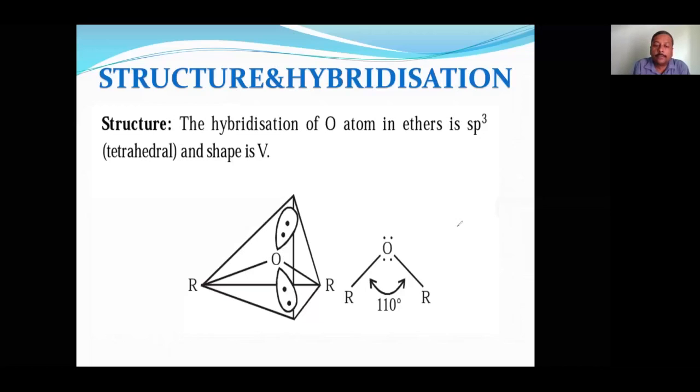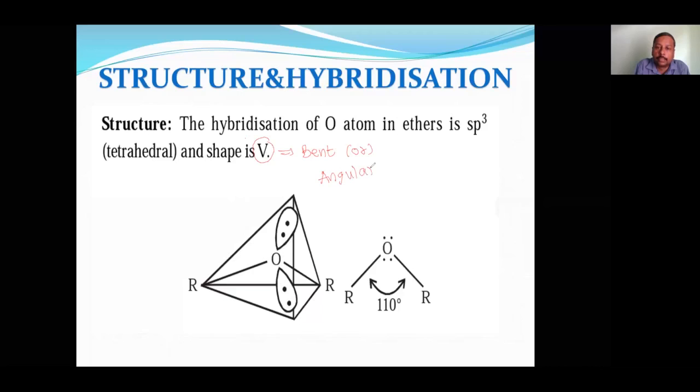After the definition and classification of ethers, the next topic we are going to study is structure and hybridization. Structure can also be written as shape. Here the shape is V. Sometimes they may change the language and give it as a bent structure, or they may write it as angular.